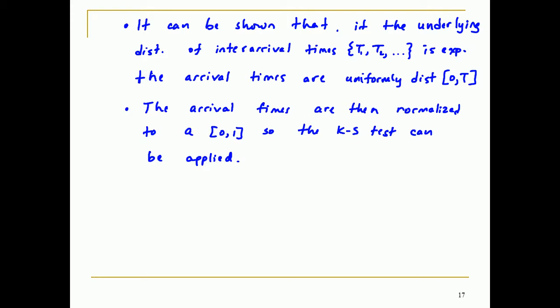So instead of testing the interarrival times for the exponential, we are going to test the arrival times, not the interarrivals, to check if they follow a uniform distribution. But in order to test for that, we need to normalize those data points so they are within 0 and 1, and we can apply the KS test as we did for the uniform 0, 1. Okay? So I'm going to show you that here.